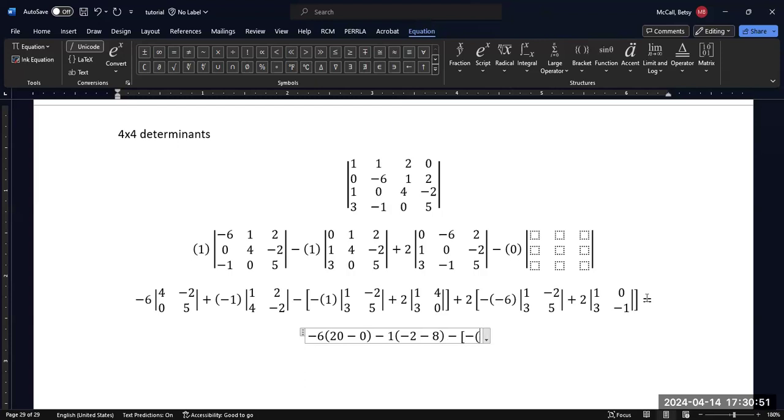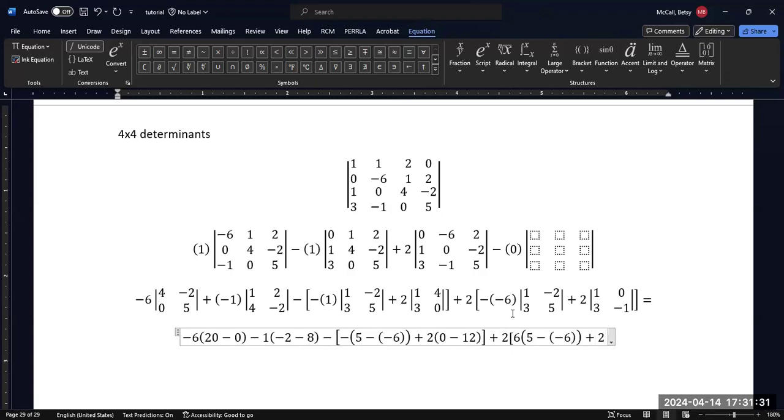Minus 1 by 5 is 5, and then minus a -6, plus 2 times 0, 1 times 0 was 0, minus 12, and then close the bracket, and then 2 times, so 6 minus minus becomes a positive, and then 1 by 5 is 5, minus a -6, plus 2 times -1 minus 0.